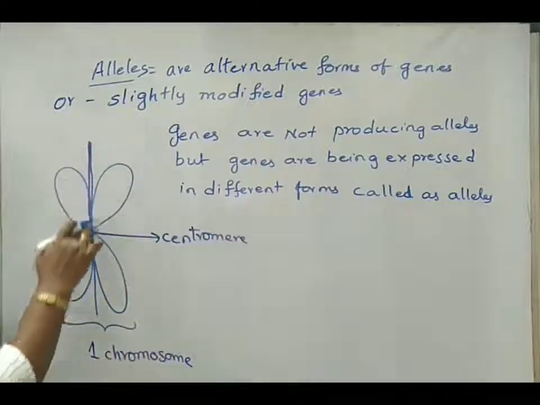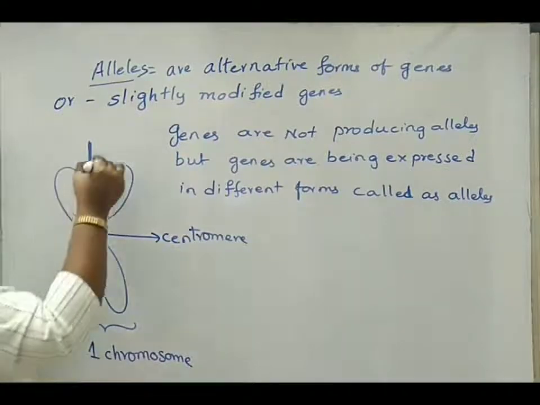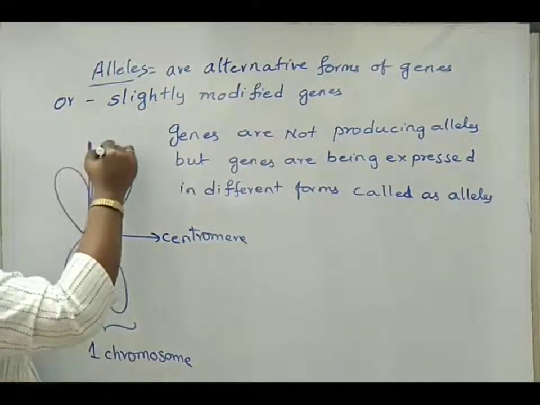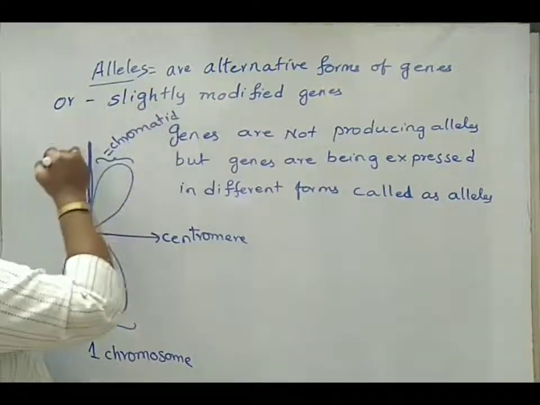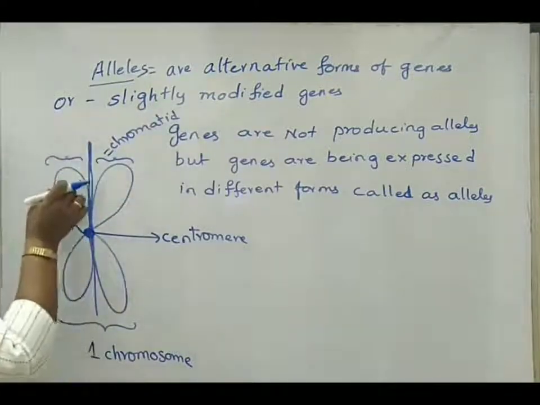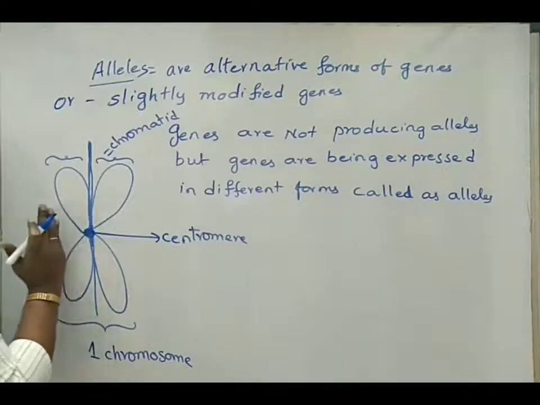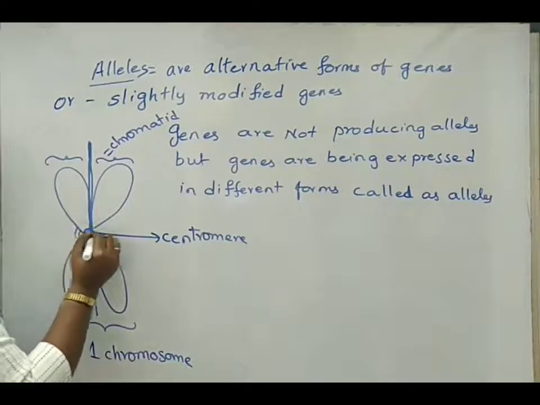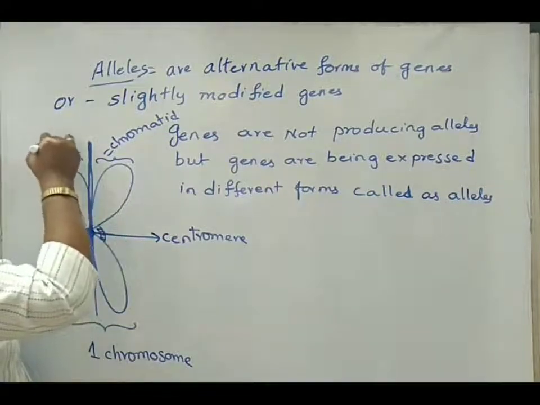If we cut this one vertically from top to bottom through the centromere, then this part is called as chromatid. This also means one arm upper, one arm lower, little part of centromere and also the kinetochore will be there. Okay, this is called as chromatid.